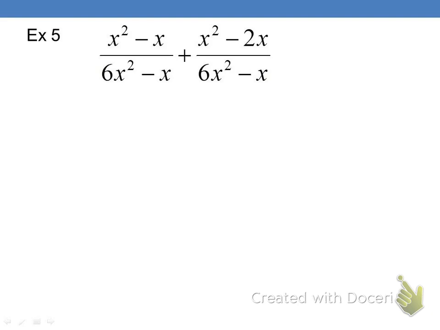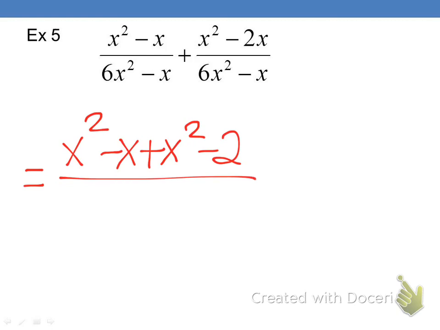All right. Do I have common denominators? Yeah. All right, so we can go ahead and just add the numerators all over that common denominator. Oops, I dropped an x.